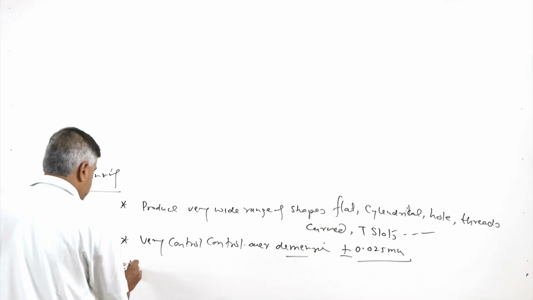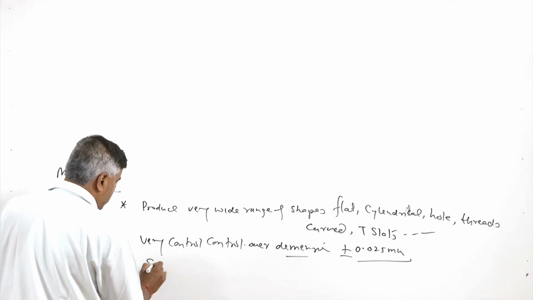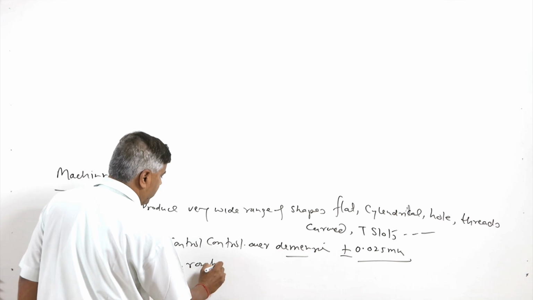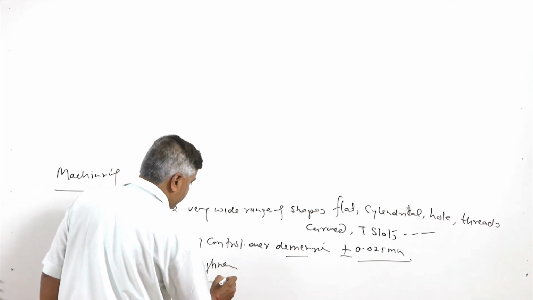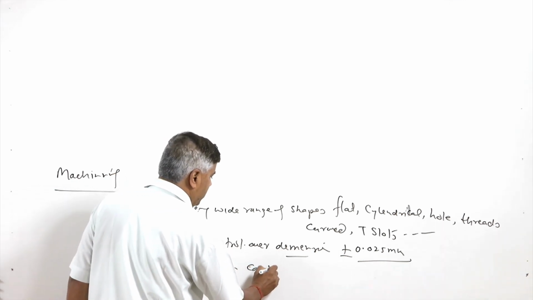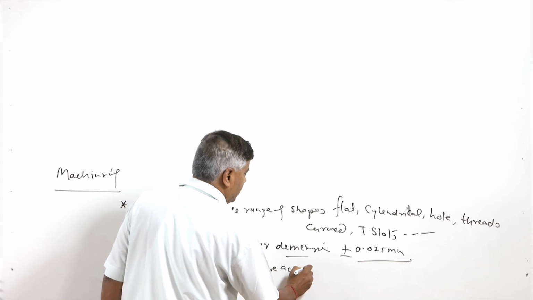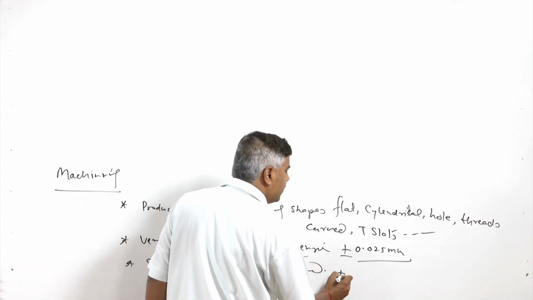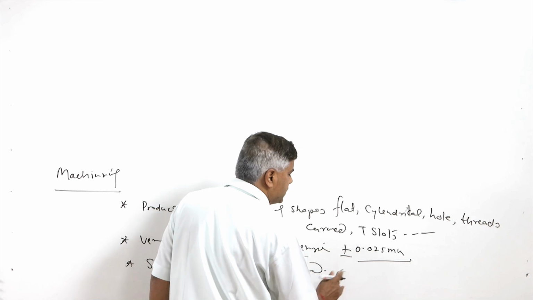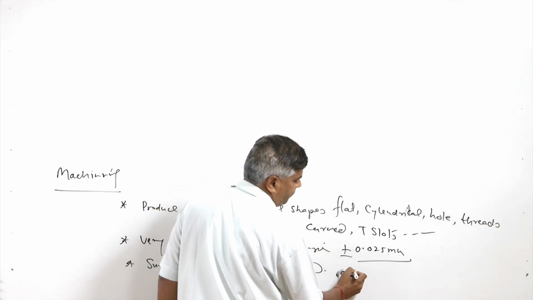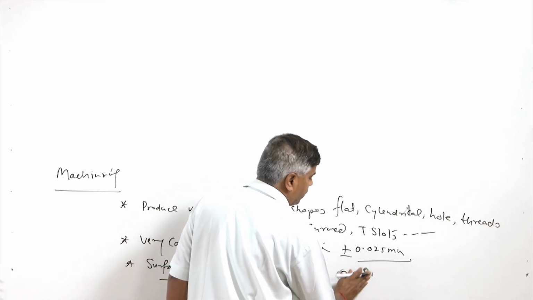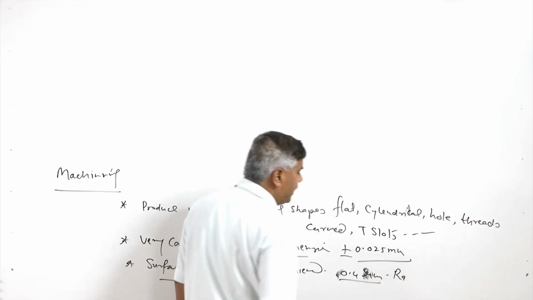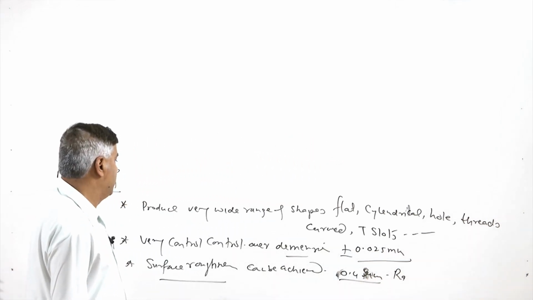And very low surface roughness can also be achieved by the machining processes, which can be as low as 0.4 micrometer in terms of Ra as the surface roughness parameter.